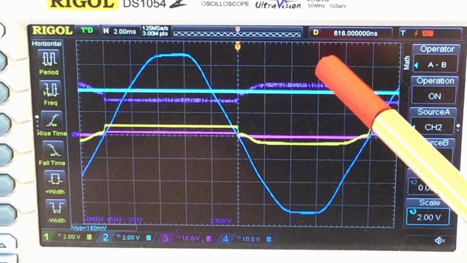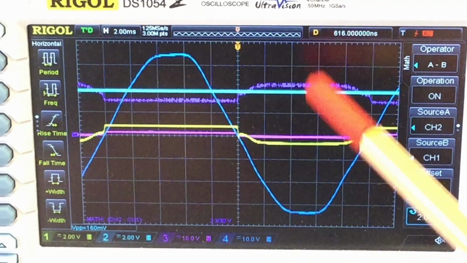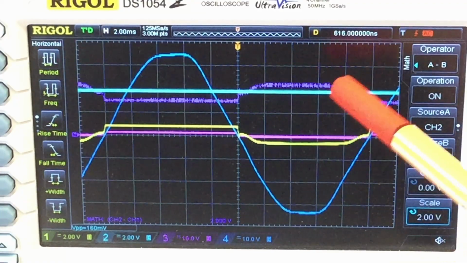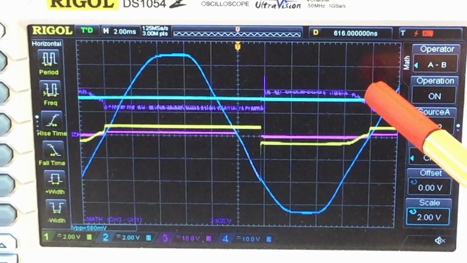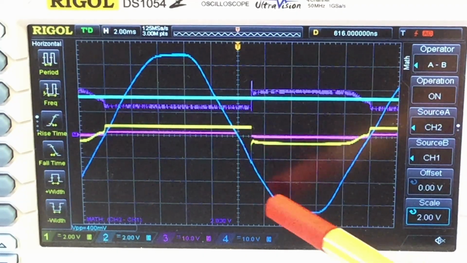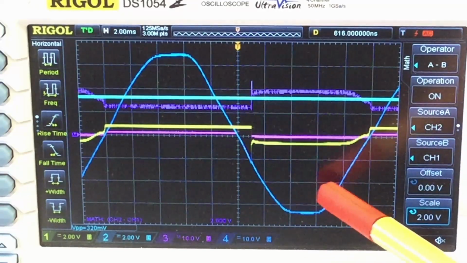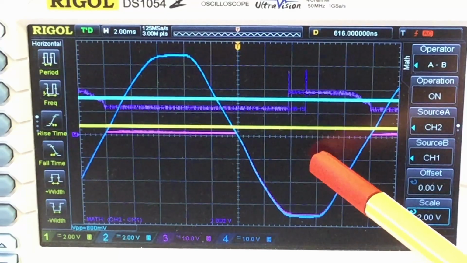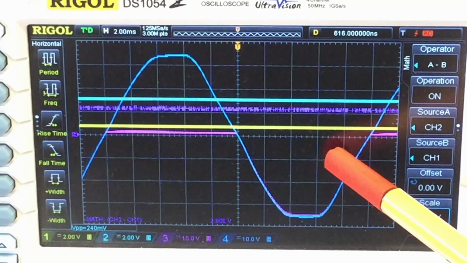Now, what happens if I decrease the current? We are currently at that 7 milliamps. And I'll go back. You can see it. In quadrant 4, so positive gate, negative terminal 2, the TRIAC is no longer switching on.